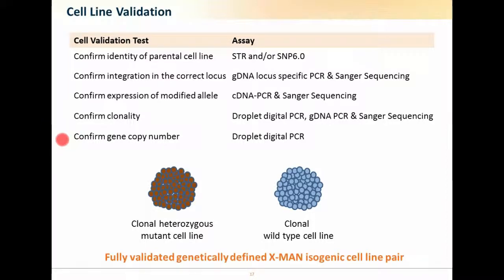And the end point of the engineering is that we have the original clonal wild-type cell line, as well as our clonal heterozygous mutant cell line. Essentially, these two cell lines are identical, except for the one mutation that we've introduced at the endogenous site.